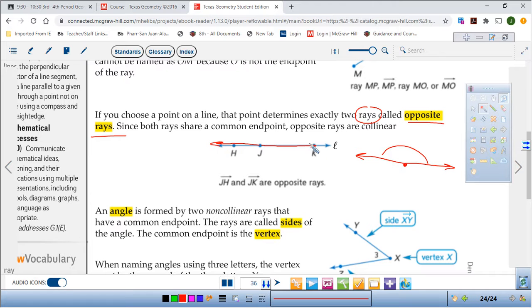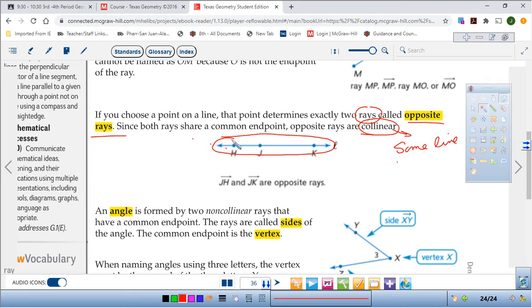They go off in directions that are direct opposites. They form collinear rays. What's collinear? Anybody remember what collinear means? Good job. We're going to go with same line. So when they form opposite rays, guess what they make? A line. Pretty cool? They form a line.